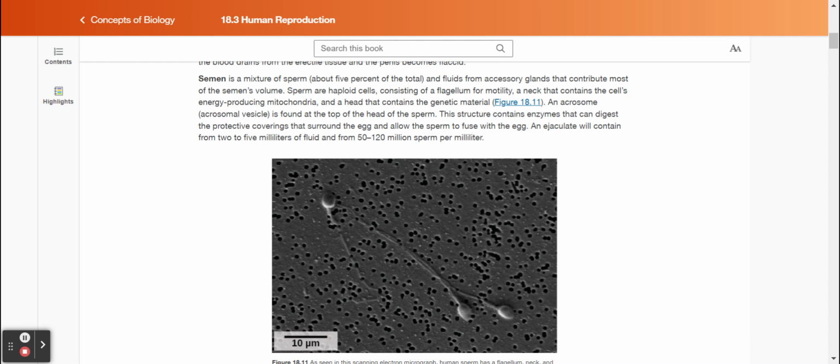An acrosome, or acrosomal vesicle, is found at the top of the head of the sperm. This structure contains enzymes that can digest the protective coverings that surround the egg and allow the sperm to fuse with the egg. An ejaculate will contain from 2 to 5 milliliters of fluid and from 50 to 120 million sperm per milliliter.